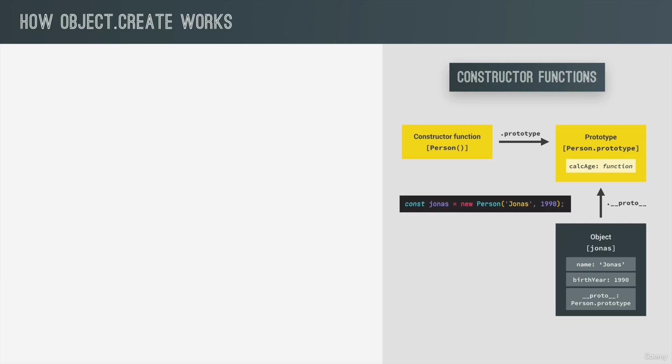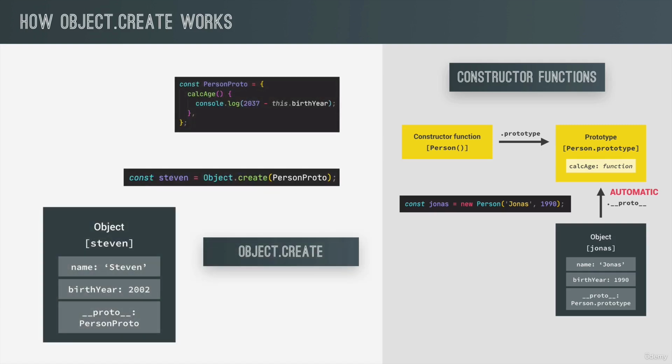So when we use the new operator in constructor functions or classes, it automatically sets the prototype of the instances to the constructor's prototype property, right? So this happens automatically, and so that's nothing new at this point for you. Now, on the other hand, with Object.create, we can set the prototype of objects manually to any object that we want. And in this case, we manually set the prototype of the steven object to the PersonProto object. And that's it.